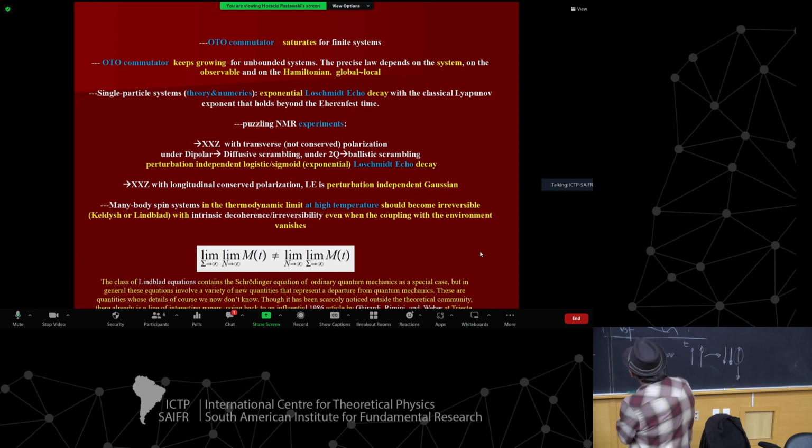But for me, what is very important in all numerical simulations is that this limit is not homogeneous.